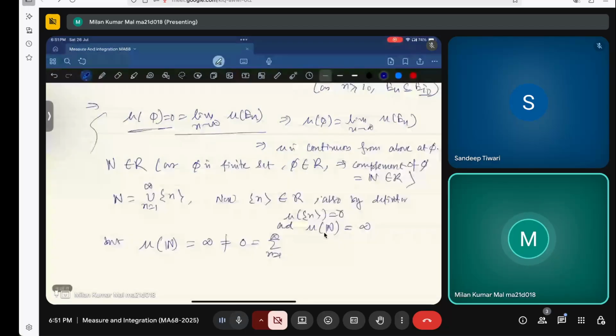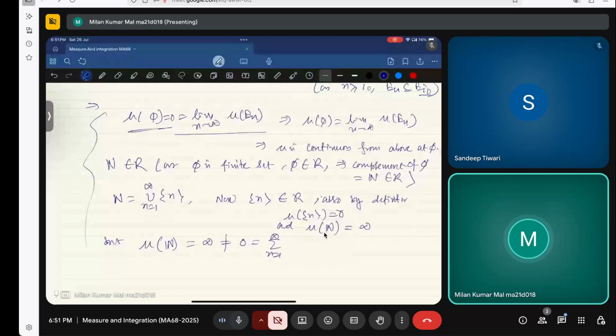So N is the natural numbers, and N is in the ring R, because the empty set is there, because that is a finite set. And its complement, because the set R is a collection of all finite sets and their complements. So as the empty set is there, its complement, which is the full natural number set N, is also there.